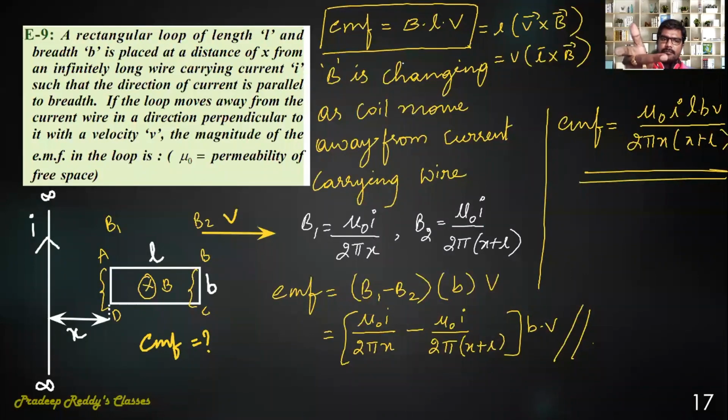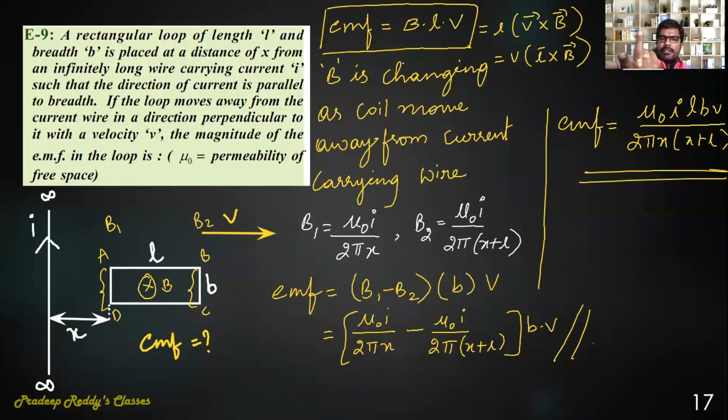Magnetic field is inside and velocity is right side. Thumb finger represents velocity and this finger represents magnetic field. Middle finger represents the EMF current produced within the coil.